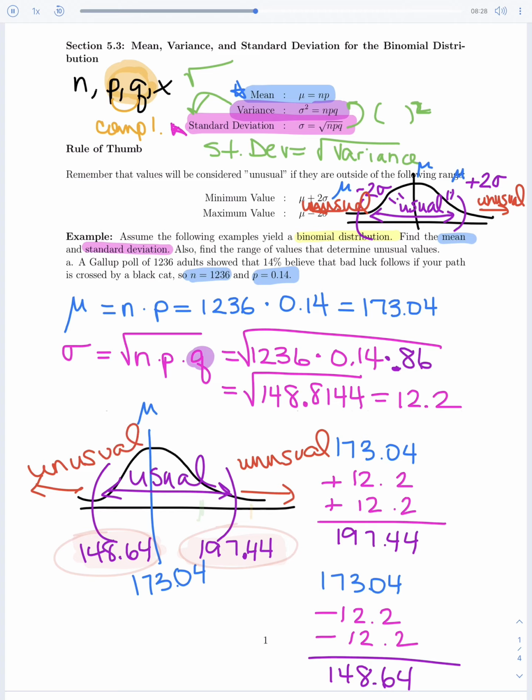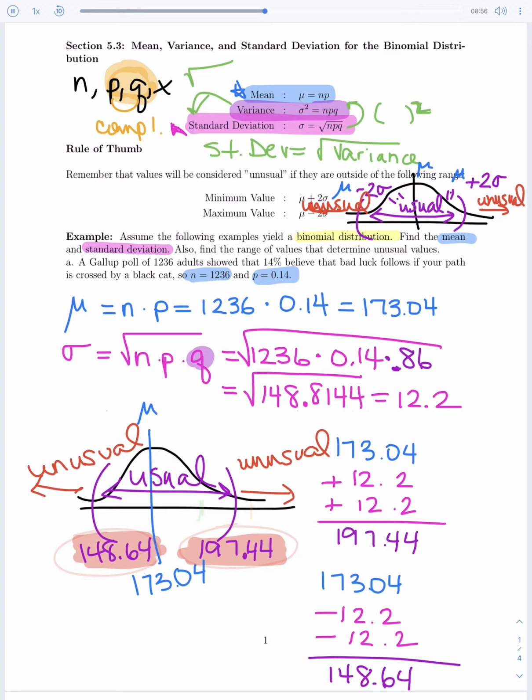So when they ask us to find the range of values that determine unusual values and usual values, this is what they're looking for. They want our minimum usual value and they want our maximum usual value. A lot of times they'll turn around and ask you a follow-up question, let's say in a part B of the same problem, and they'd say, okay, well, what about the value 200?